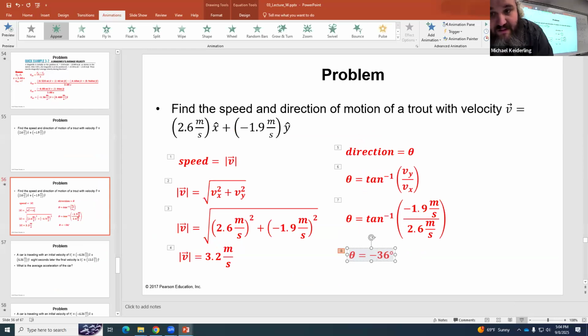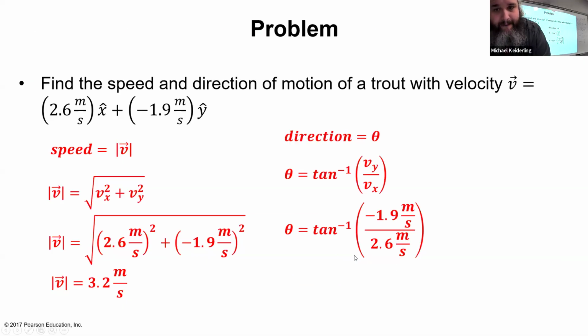Negative 36. So the angle is negative 36. It's 36 degrees below the horizontal. I must have dropped the minus sign in there somewhere. I will re-upload these slides with all the corrections I've made.